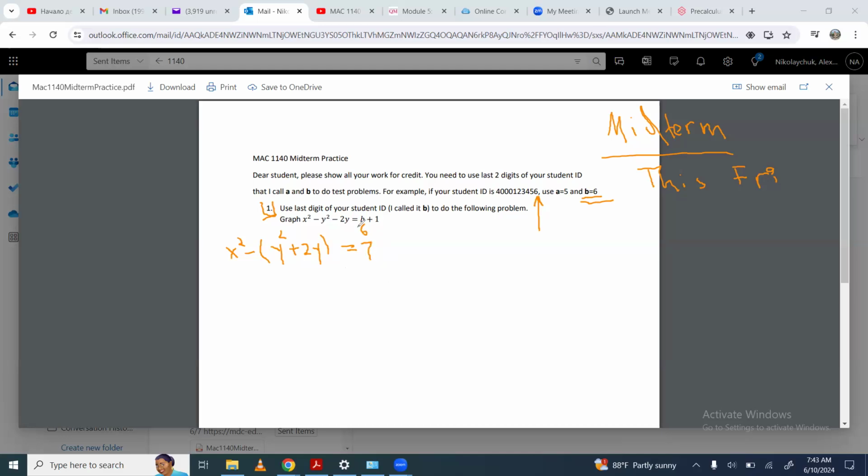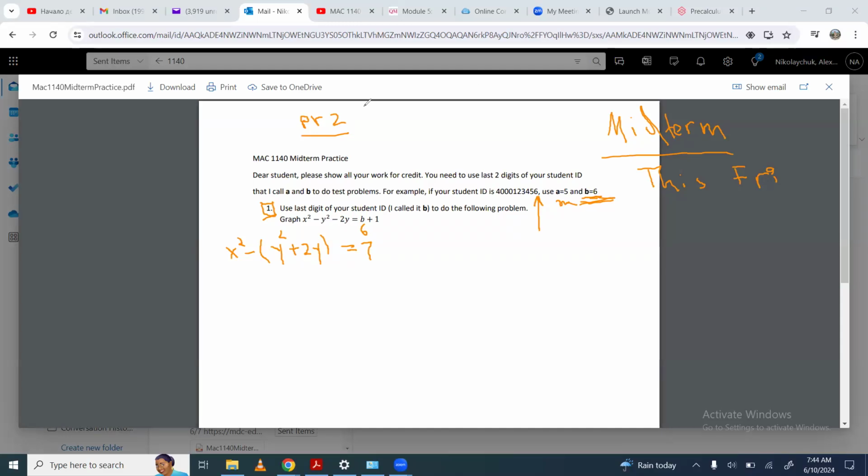So the midterm is going to have two problems. For problem number one, you will use the last digit. And for problem number two, you will use the digit before the last.